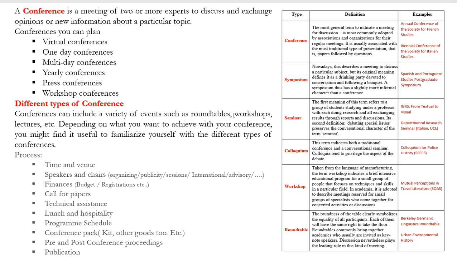Some of the papers are like an IEEE workshop or a symposium, and Springer lecture notes like this. Depending on what you want to achieve with your conference, you might find it useful to familiarize yourself with different types of conferences.